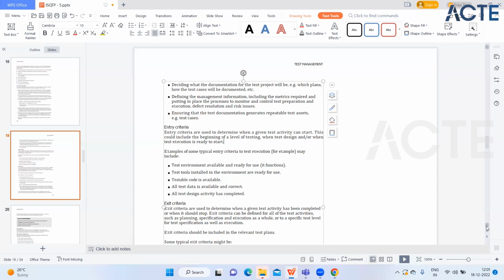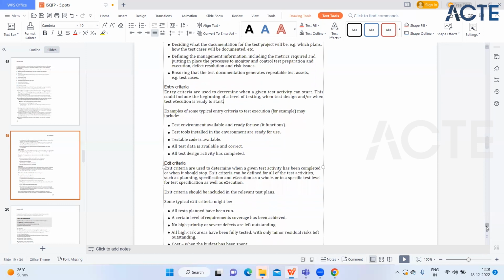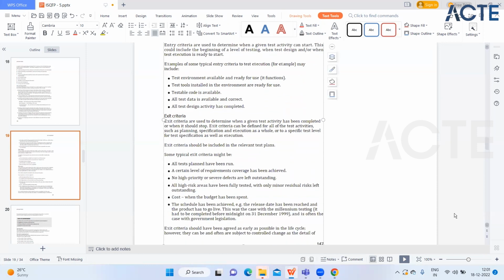Now, exit criteria are like these: all test plans have been run, a certain level of requirement coverage has been achieved, no high priority or severe defects are left outstanding, high risk areas have been fully tested, cost and schedule targets have been achieved. Whether everything is completed or not, we are defining under this exit criteria.